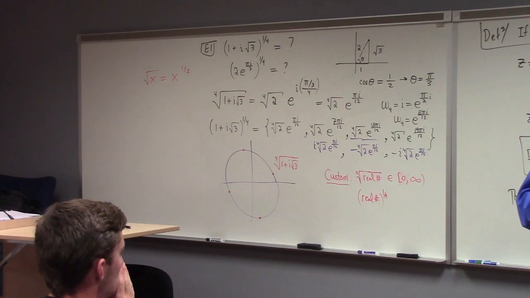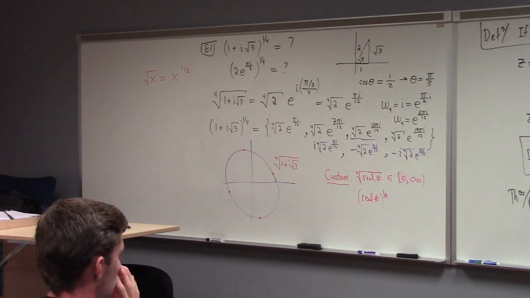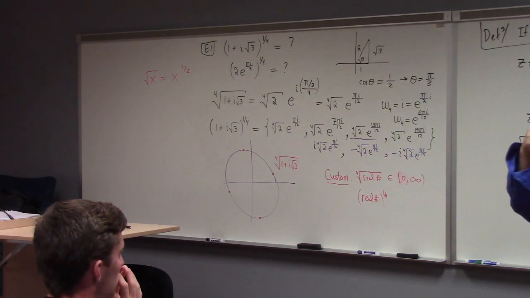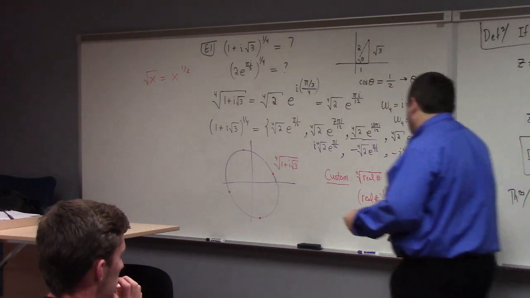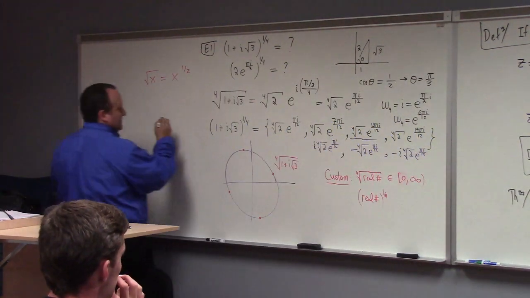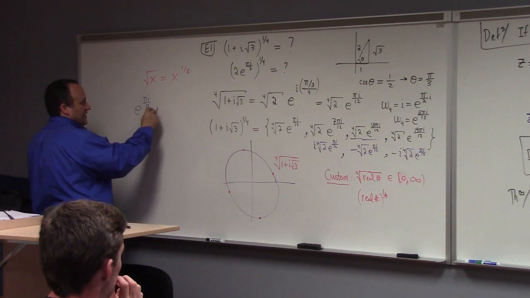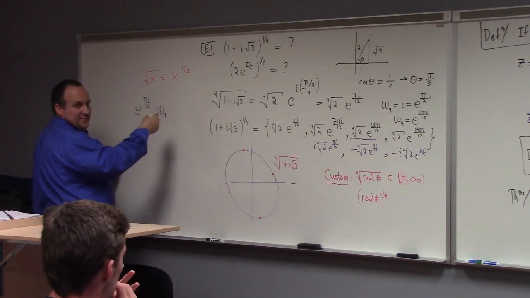Why did we increment by 6 pi over 12? Oh, because I'm multiplying. I'm up against e to the pi I over 12 to start with, right? And then I'm multiplying it by omega sub 4 to some power, right?